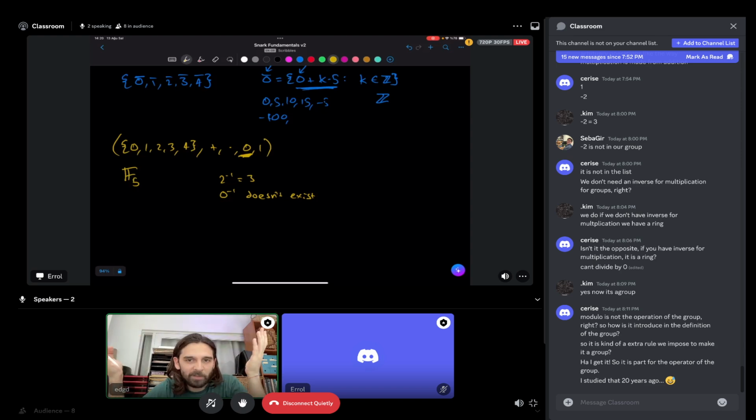Again, prime numbers, because of the thing I just said, if we do F7 or F11, if we put a prime number there, it's always going to be a field. But if we do 0 up to 9, so we have 10 elements, it won't be a field.